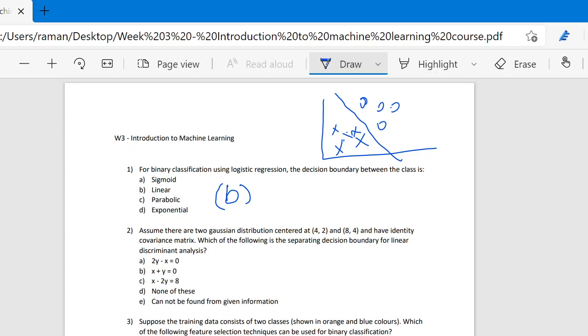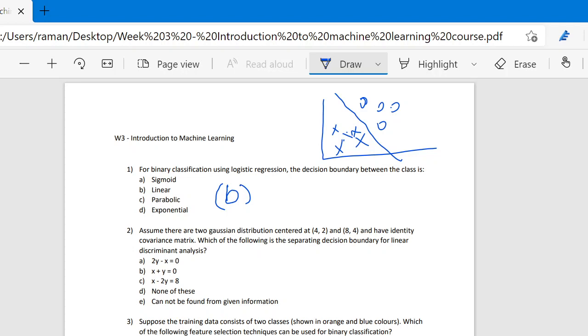Let's go to question number 2. Assume there are two Gaussian distributions centered at (4, 2) and (8, 4) and have identity covariance matrix. Which of the following is the separating decision boundary for linear discriminant analysis? Here we are given some options and we need to identify which will be the correct decision boundary.